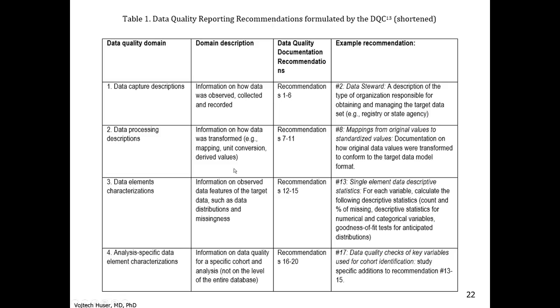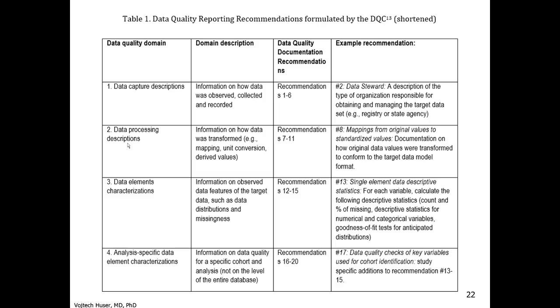This is actually an excerpt from Michael Kahn's article, where data quality problems are sectioned into 4 domains. How do you capture the data? And there are 6 recommendations or 6 points to publish once you publish a study which is using a given data set or data repository or database. The second domain is what you have done to the data in terms of data processing.